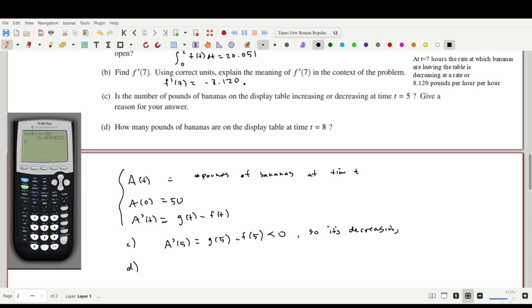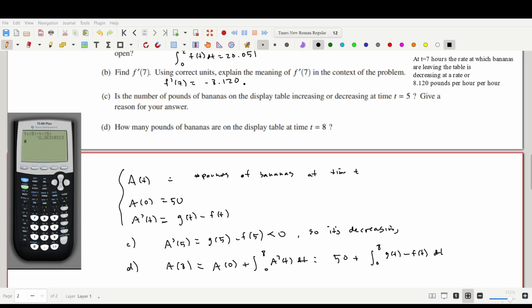D, how many pounds are at 8? Well, A of 8 is going to be, I know by net change theorem, A of 0 plus the integral from 0 to 8 of A prime of t dt. And that's 50 plus the integral from 0 to 8 of g of t minus f of t, because that's what A prime was.